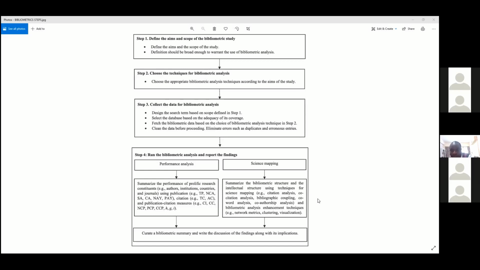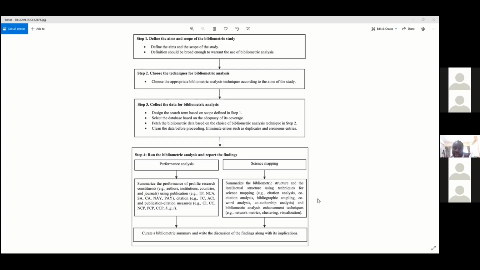For the first part of the presentation, I want to look at the 4 steps when it comes to undertaking bibliometric analysis. This will just be the framework, and then I will expand on that briefly. Then we'll use a practical example to illustrate some of the things that I've indicated regarding the bibliometric analysis.